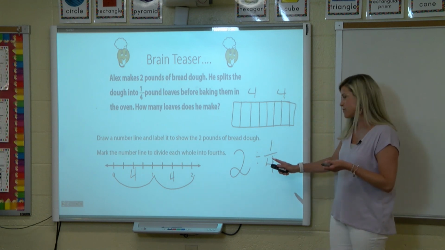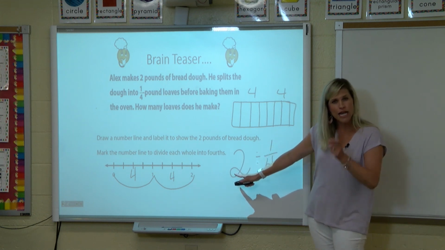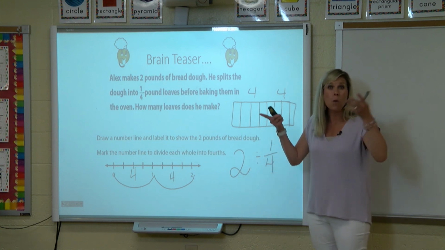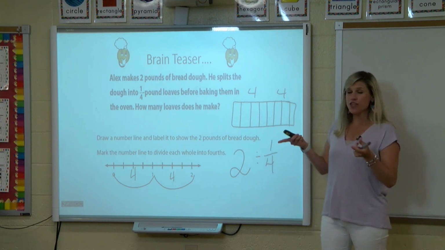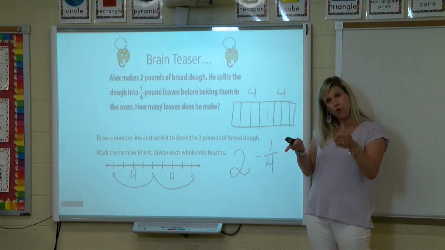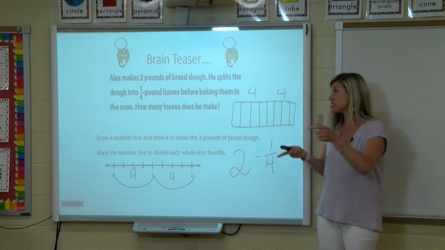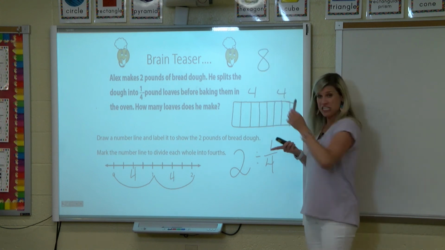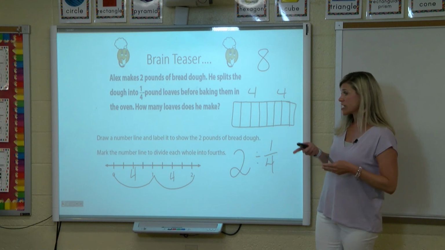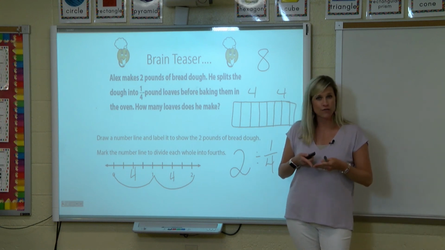But in this case, when you divide a whole number by fractional pieces, you actually get more. So he took those 2 pounds of dough, and when he divided them into fourth sections, both pounds, he got 8 1/4 loaves. And so our answer is 8 whole loaves.